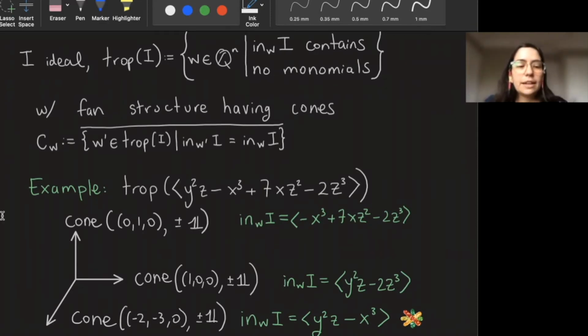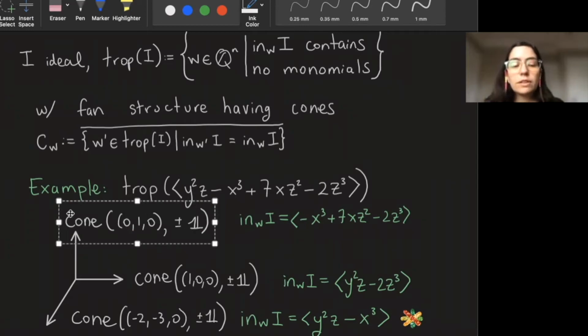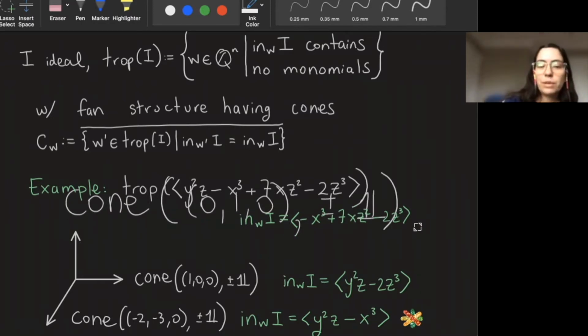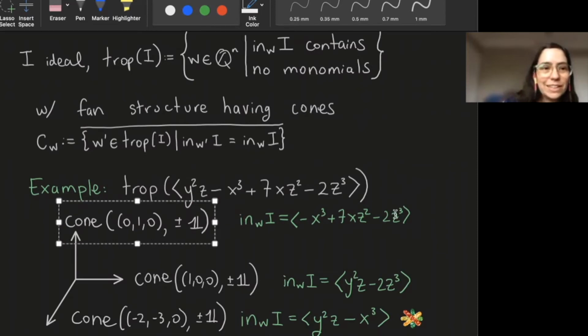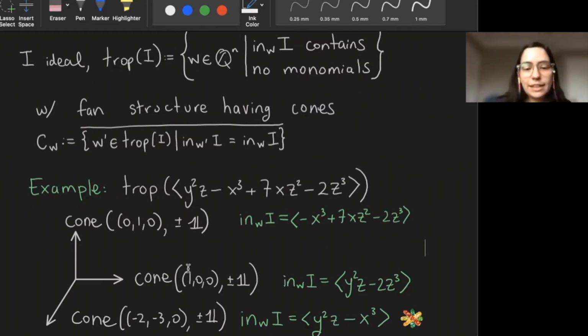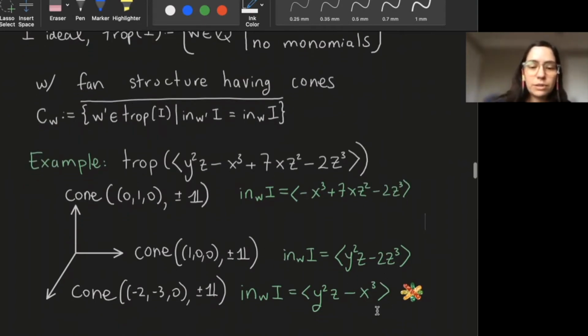And for the maximal cones, for example, this one, all of the points inside here, in the interior of this cone, will give you the same initial ideal. Will give you this initial ideal. And similarly, for this one, you will get that ideal, and for the last one, you will get this ideal.